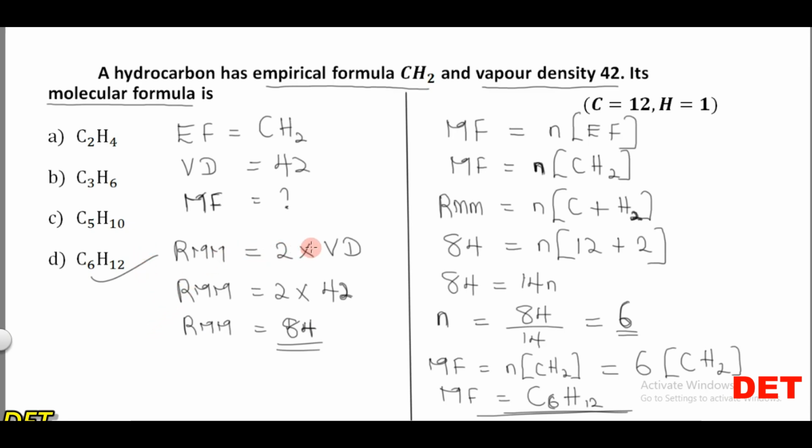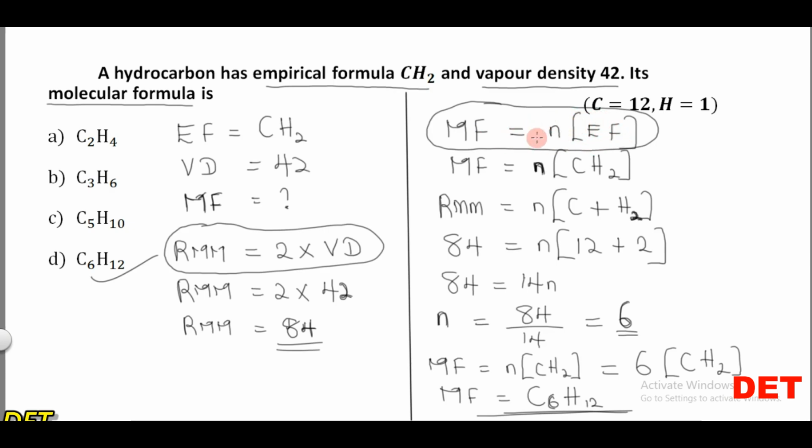So this is actually a very simple but technical question. You've got to understand the relationship between relative molecular mass and vapor density: relative molecular mass is equal to 2 times vapor density. Also know the relationship between molecular formula and empirical formula: the molecular formula is a whole number multiple of the empirical formula.